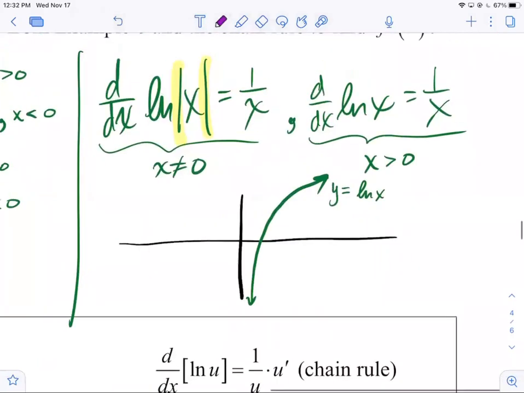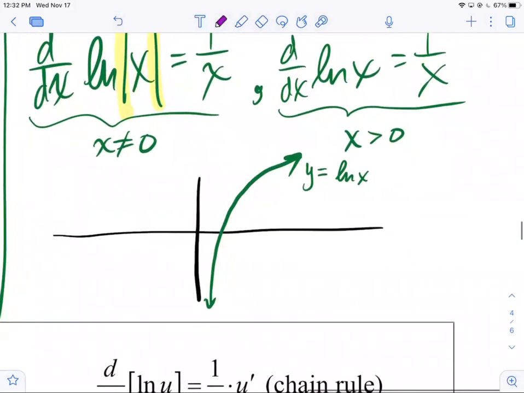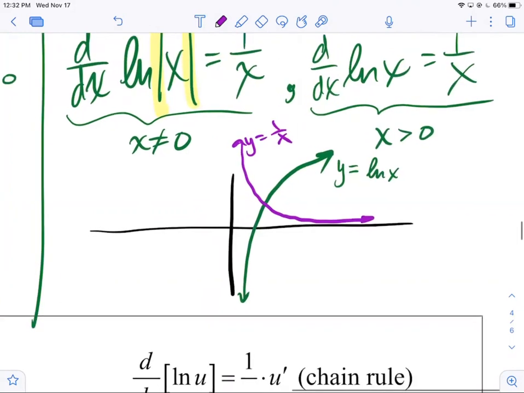The purple is 1 over x, right? 1 over x looks like this. So is the purple graph the derivative of the green graph? Yeah, well, it is, right? But remember, 1 over x also lives down here. It has 2 different branches. But for regular natural log of x, we don't even see that, right?